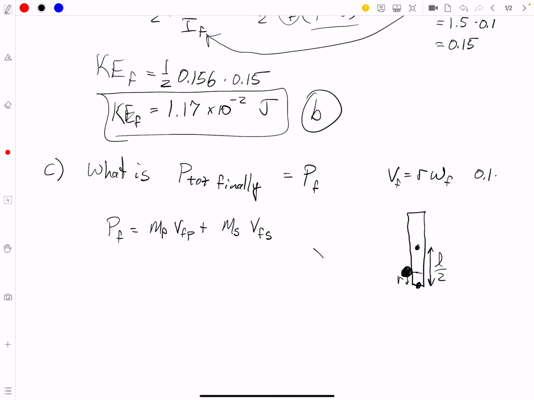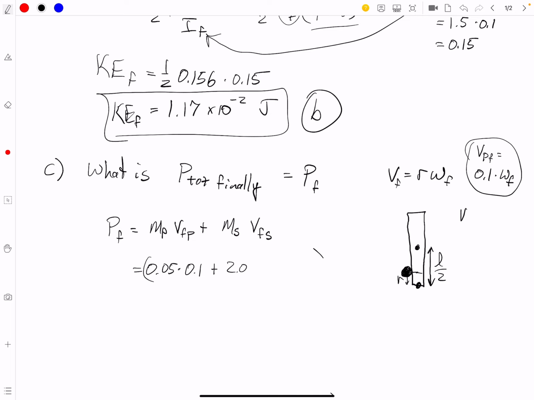So for the puck, we have 0.1 times our omega final. That's the velocity puck final. And then for our stick, so let's put that in, 0.5 times 0.1. And we're going to add mass of the stick, which is 2.0, and V final for the stick.